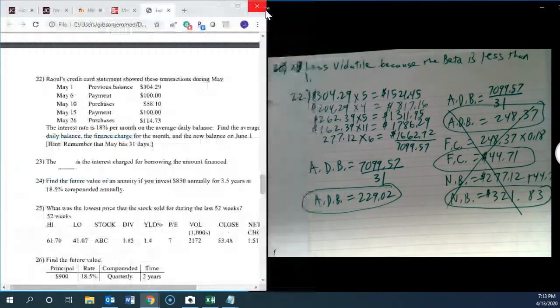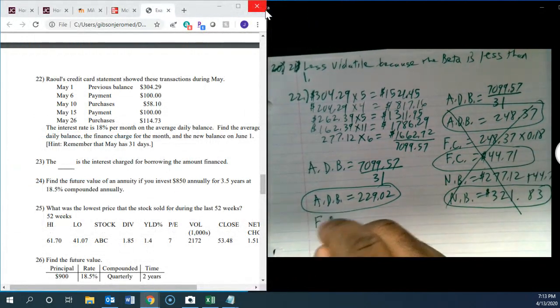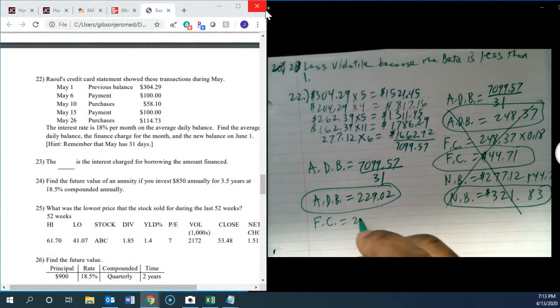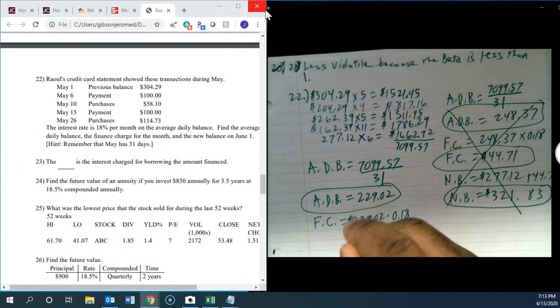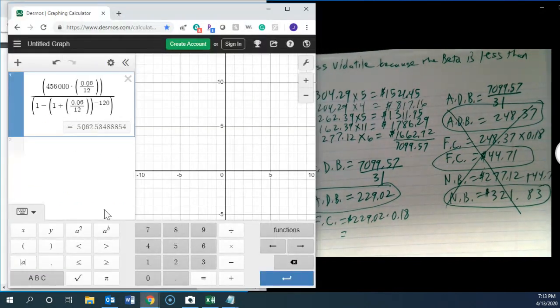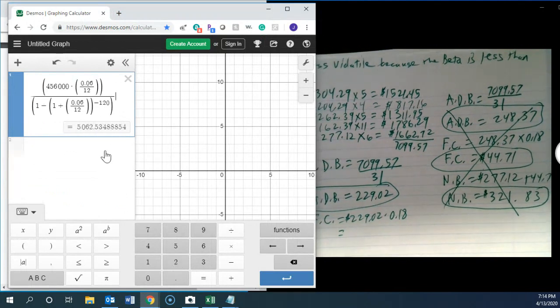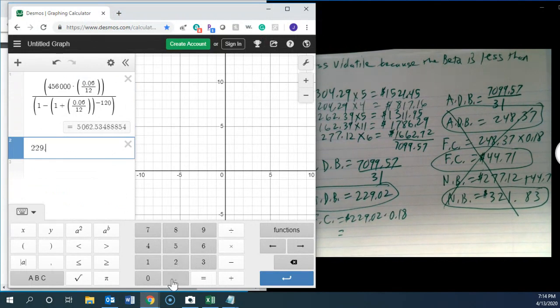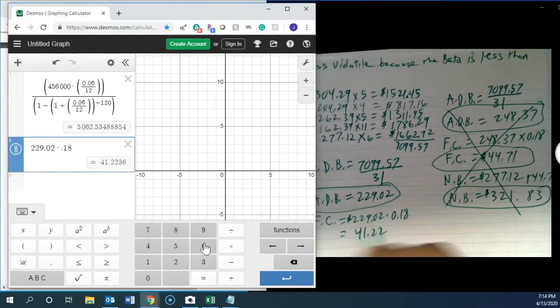Now, with that being said, that changes everything. The finance charge will be the $229.02 times the 18%. And that, let's put that in the calculator just to be sure. So it'd be 229. Oh, put in the wrong one. Okay. 229.02 times 0.18. So that would give us $41.22.